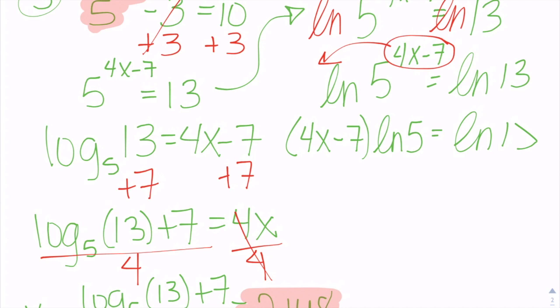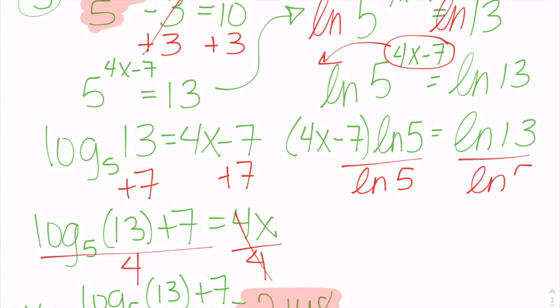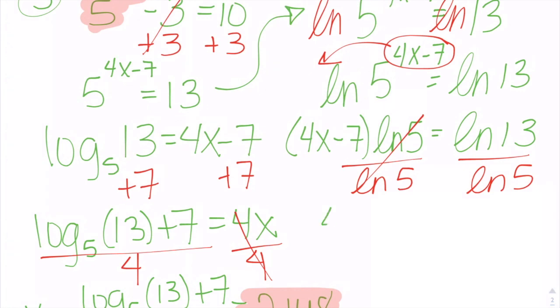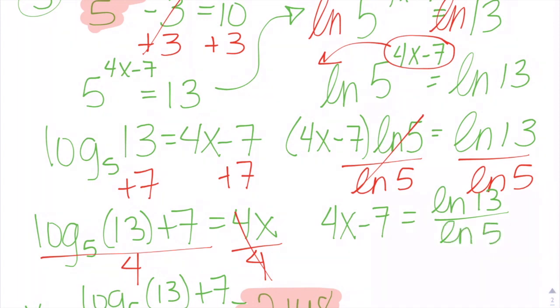That should be a 13, that did not write well. Now I want to get the x by itself, so to do that I'm going to divide each side by the natural log of 5, which gives me 4x minus 7 equals the natural log of 13 over the natural log of 5.